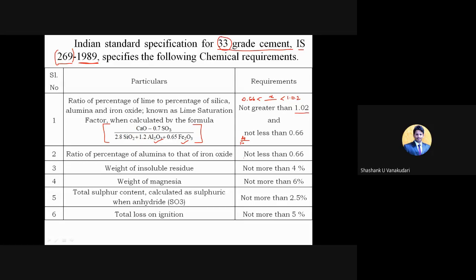Okay, and moving on to the next parameter, that is weight of insoluble residue. Insoluble residue is nothing but a non-cementing material. Non-cementing material in the sense it does not contain any of these chemicals, but still it will be present at the end in the cement.